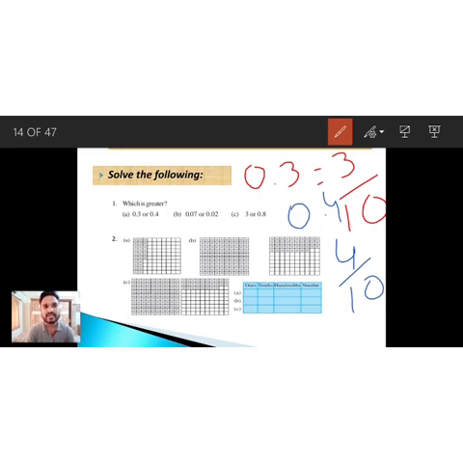So what do you have to write? For the ones, you have to write 6. For the tens, you have to write 20, and the total number is 26. In the same way, you have to do B and C. Now for question number 3, we move to the next slide.